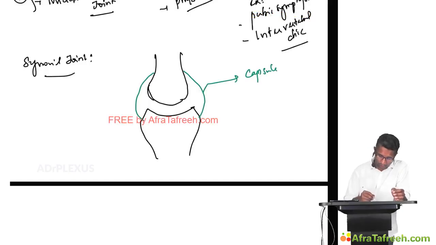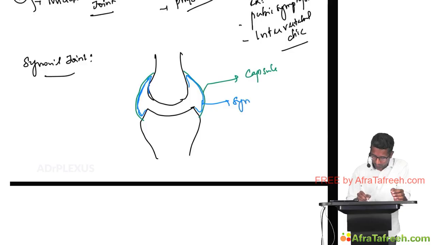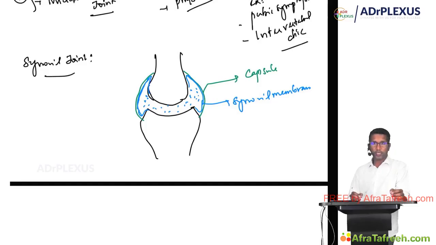So usually the synovial joints will have a capsule, and inside the capsule, the synovial joint is lined by a membrane. This membrane is called a synovial membrane. And what does this synovial membrane do? This synovial membrane will secrete fluid within the joint, and the fluid which is secreted within the joint is called synovial fluid.